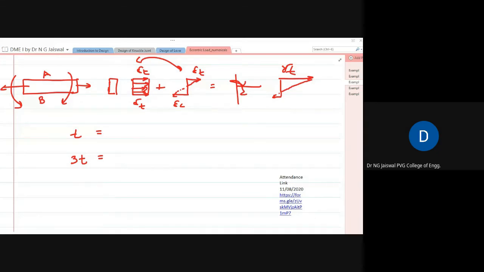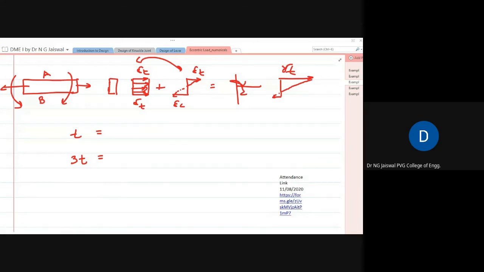Swanand has given answer. T is 9.116. Shubham Deshmukh has given answer 6.3. Anybody else is giving the answer? This is a very famous numerical.